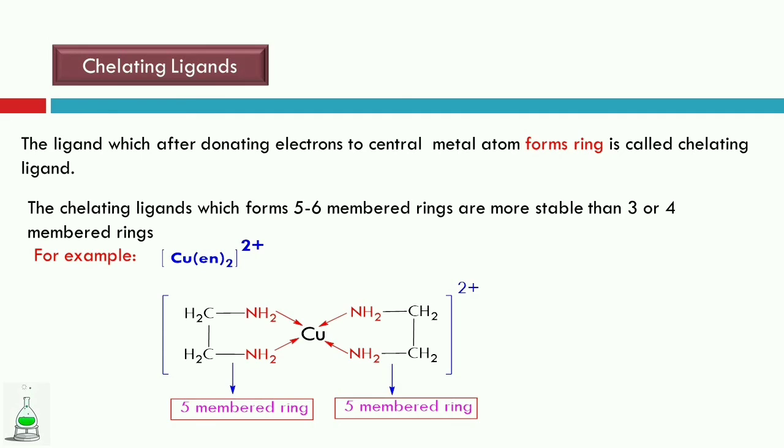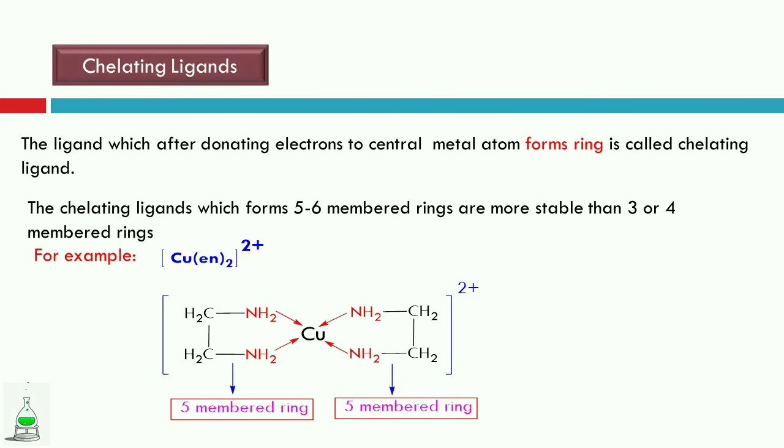Now the last one is chelating ligands. The ligands which, after donating their electrons to the central metal atom, form a ring, are called chelating ligands. These chelating ligands form rings including central metal ion.